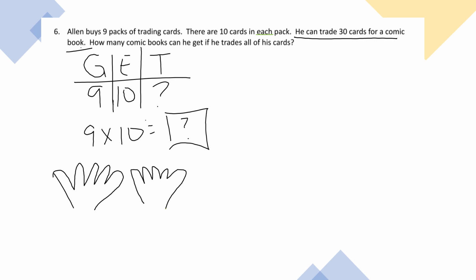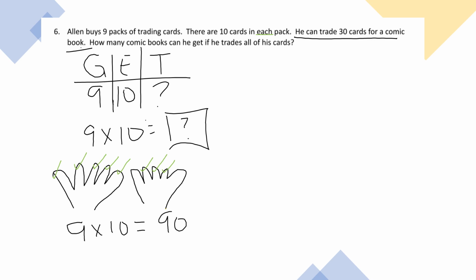I do realize that's 10 fingers, but we only need 9 of them. So let's start. 10, 20, 30, 40, 50, 60, 70, 80, 90. So that means that 9 times 10 equals 90.